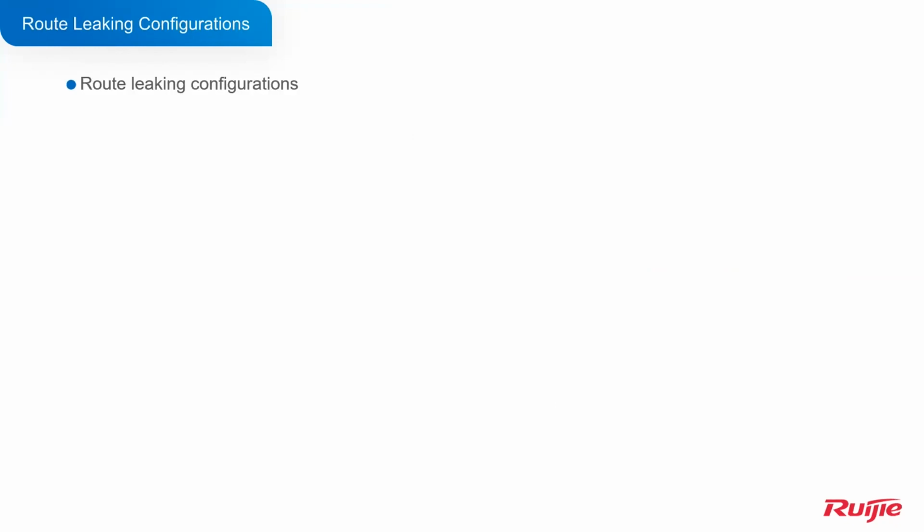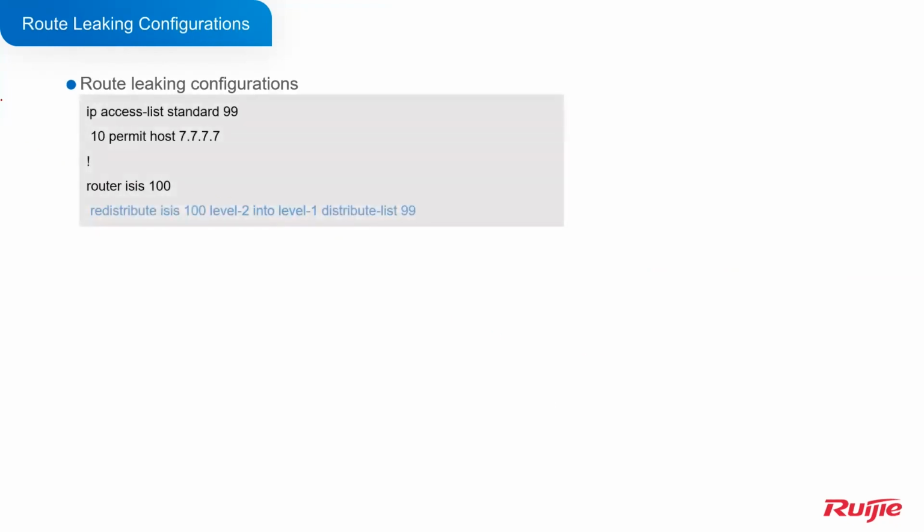And if we add the route leaking configuration on the router, and pay attention, this function must be added on the level 1 and level 2 router, because the basic function is you want to redistribute the ISIS process 100 level 2 into level 1. So your router must support level 2 and level 1 at the same time.